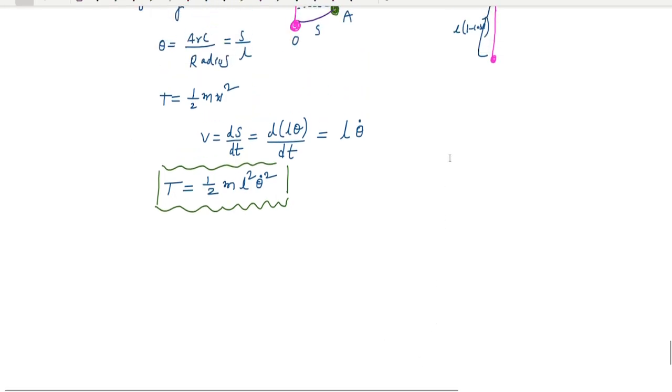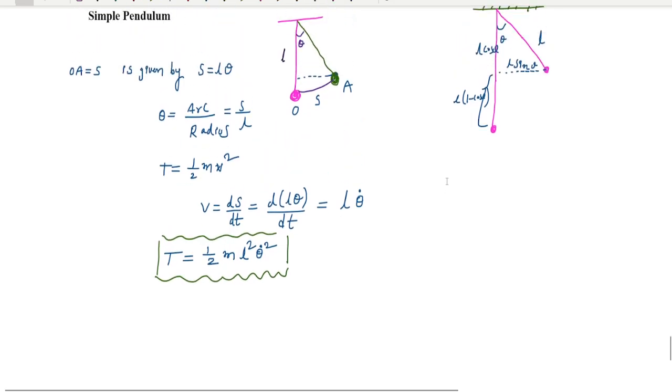So this is our system. We want to find the potential energy of the system at this point.